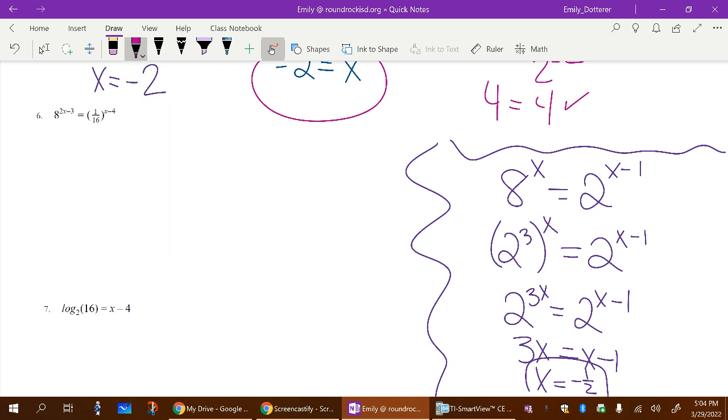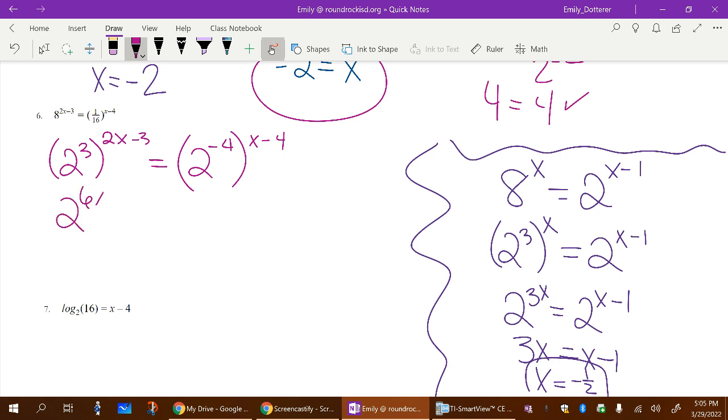So same thing over here. We need to figure out what to the power of something equals 8 that raised to a different power will equal 1/16. And again, that's going to be 2. Multiply the two exponents together.